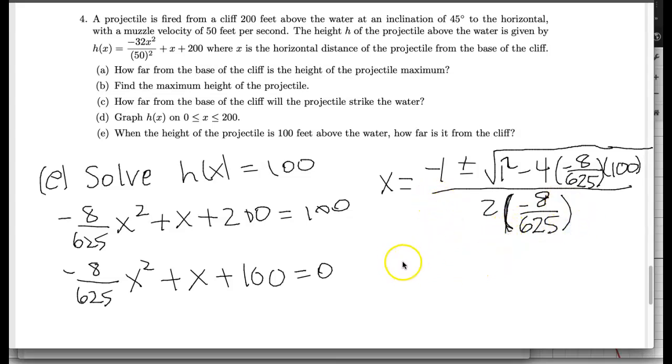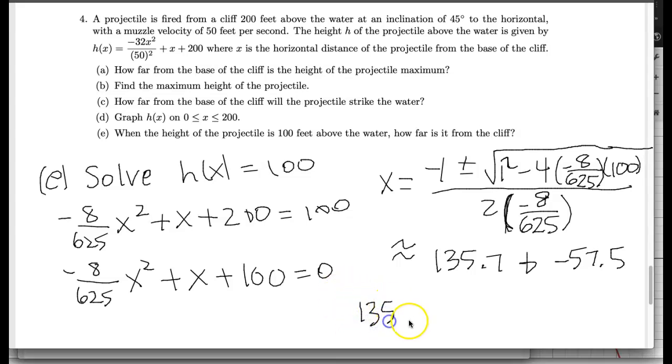And then again, using our calculators, we'll approximately come up with 135.7 and negative 57.5. And again, it's going to be the positive, so the answer is going to be 135.7 feet.